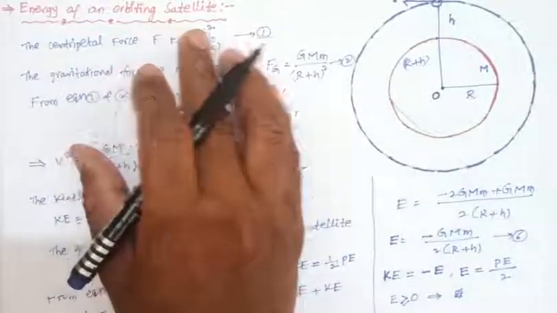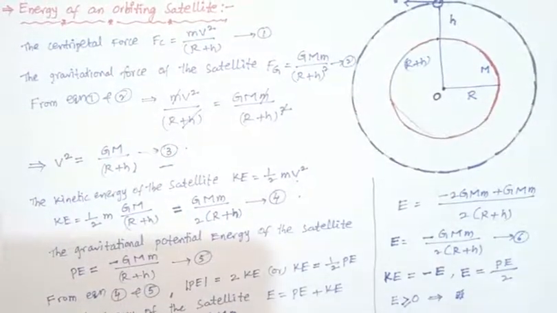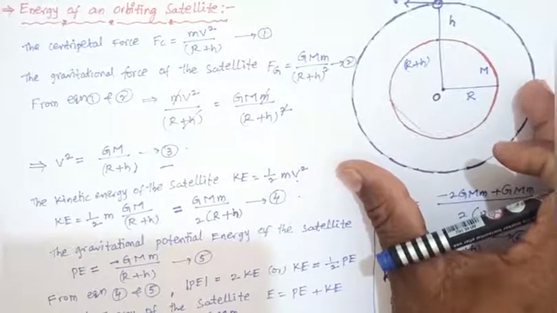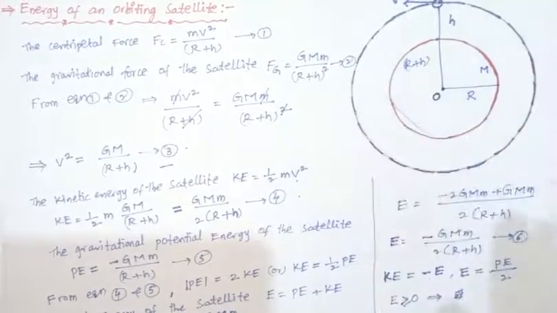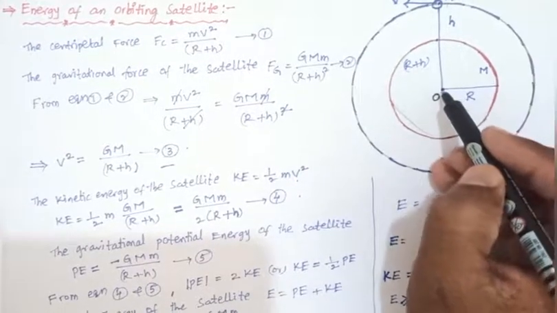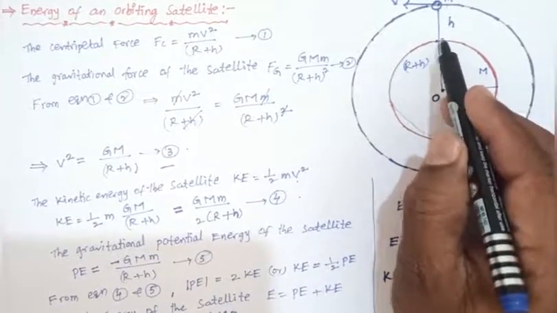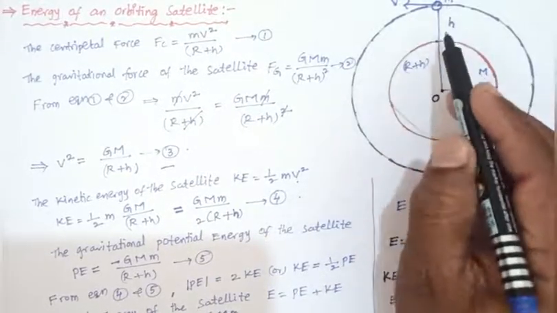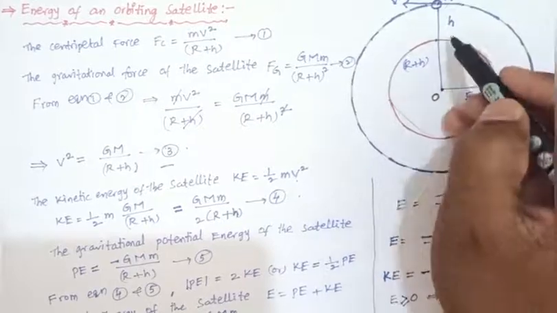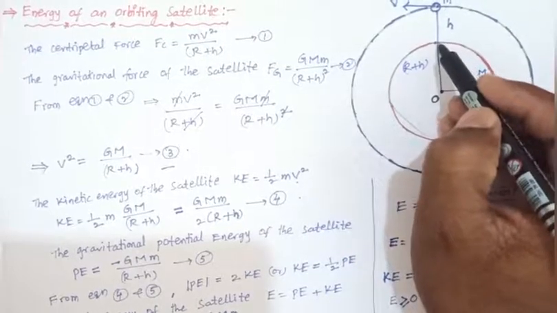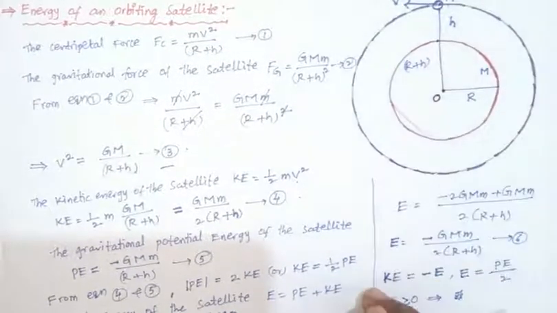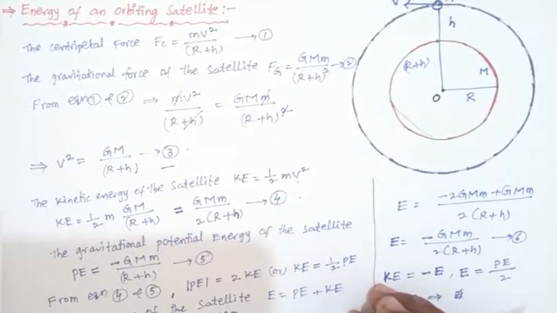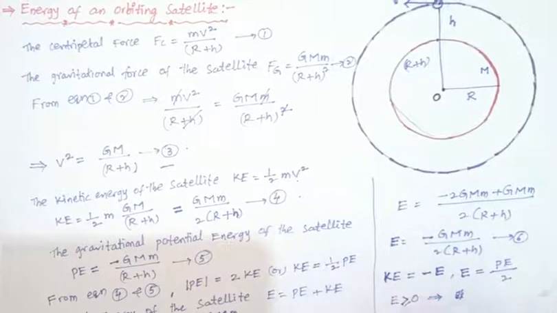Here the satellites are of two types, which we discuss in the next topic: polar satellites and geosynchronous satellites. These are at a finite distance. Finite distance means from the earth surface either 500 kilometers to 800 kilometers, called polar satellites, or when the height from the earth surface is 35,800 kilometers, these are the geosynchronous satellites.